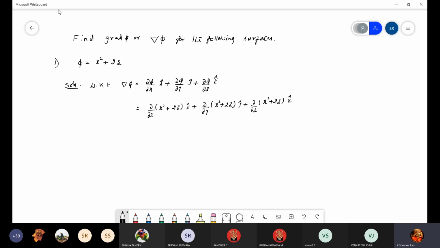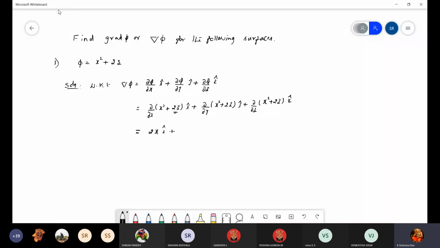Yes, just a simple partial differentiation. So what is the differentiation of x square plus 2z with respect to x? Yes, the answer, very good, 2x. And 2z is 0 with respect to x, so it is just 2x i cap.